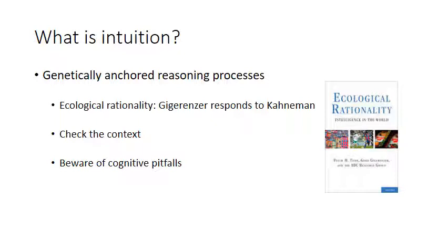First of all, you have the genetically anchored reasoning processes. Those are the evolved intuitions, which, as we have seen in the lecture on why we are irrational, have evolved to give us quick and relevant representations of our environment in order to make us survive and reproduce. But secondly, and we'll come to that in a second, we also have acquired intuitions.